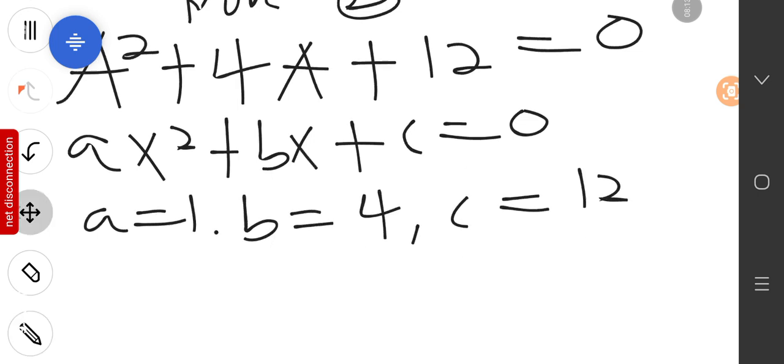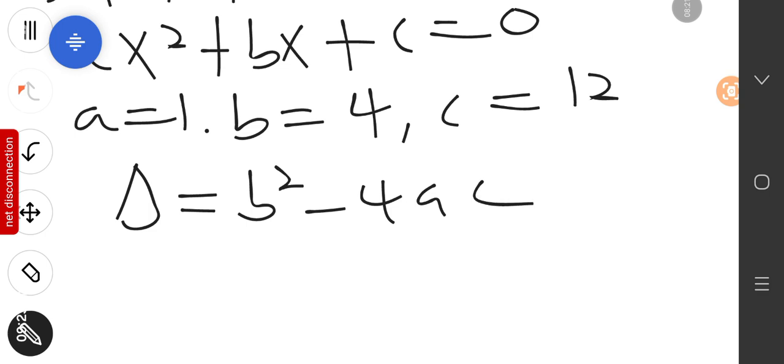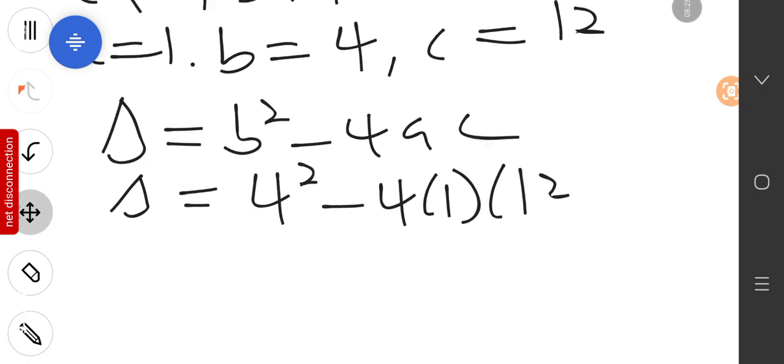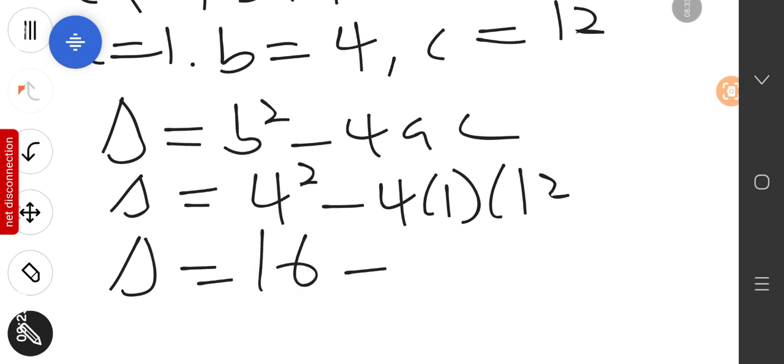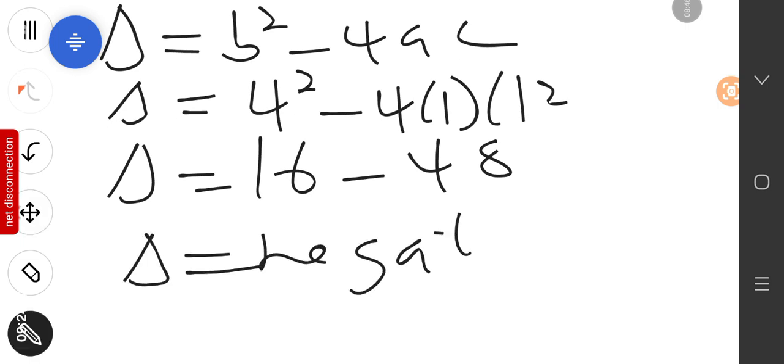So delta equals 4 squared minus 4 times 1 times 12. 4 squared is 16, 4 times 12 is 48. So we are subtracting a very big number from a very small number, and delta is negative.